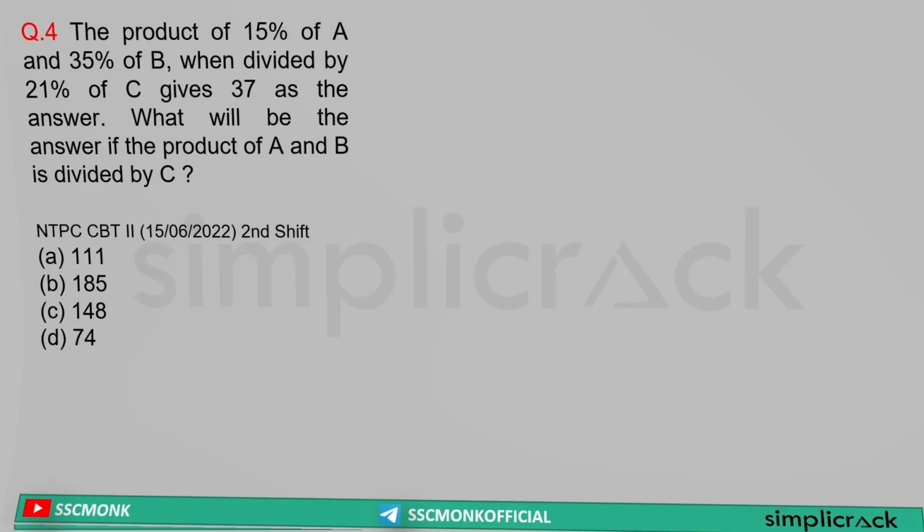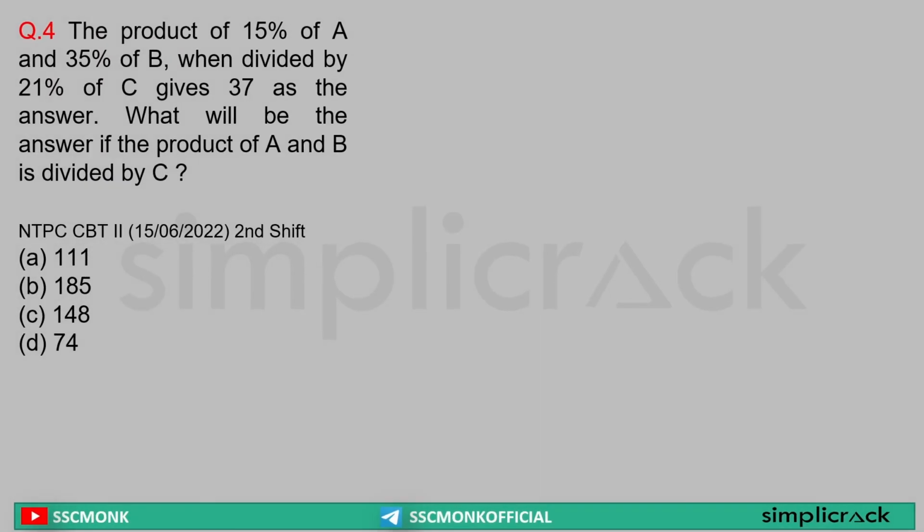Next. The product of 15% of A and 35% of B, when divided by 21% of C, gives 37 as the answer.